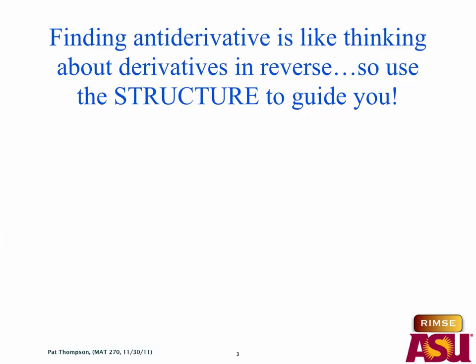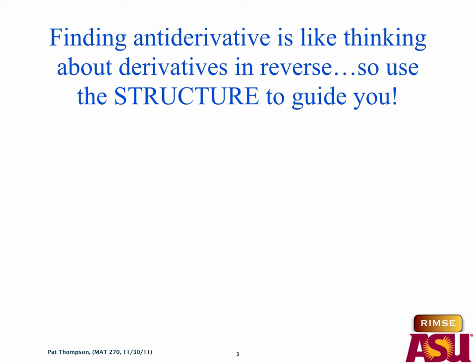Now, here's something that has been on my mind lately about how I think about antiderivatives and derivatives. When I'm looking at a function, the first thing I take note of is its structure. I look at it and I say, is this a sum of two functions? Is this a product of two functions? Is this a quotient of two functions? That made it really easy when we were taking derivatives to figure out which derivative rule to apply.